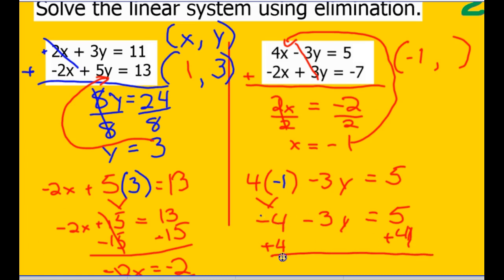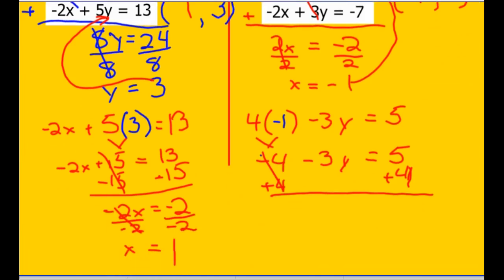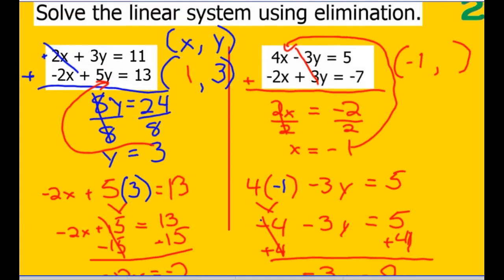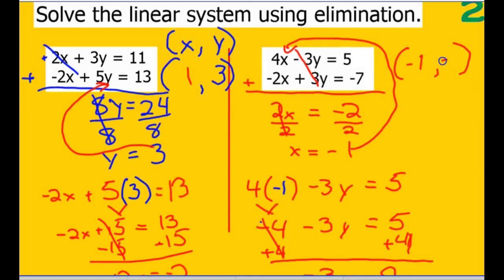We're doing the opposite of negative 4 by adding 4. So we get negative 3y equals 5 plus 4, which is 9. Then we divide by negative 3, and we get y equals negative 3. 9 divided by negative 3 is negative 3. So if y equals negative 3, then our answer, our solution, is negative 1, negative 3.